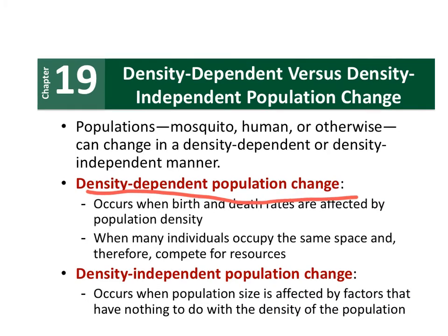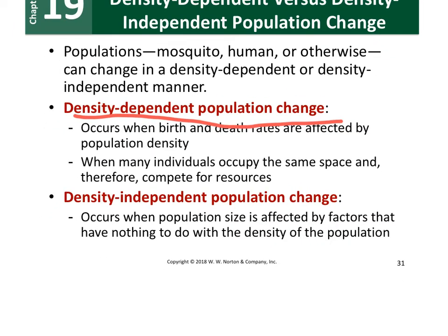Now, there are also other things that will limit the population size that have nothing to do, really, with density. These are affected by factors that have nothing to do with the density of the population, usually outside. So let's say you live in an environment and there are only certain kinds of habitats, small patches, that can actually support individuals growing.